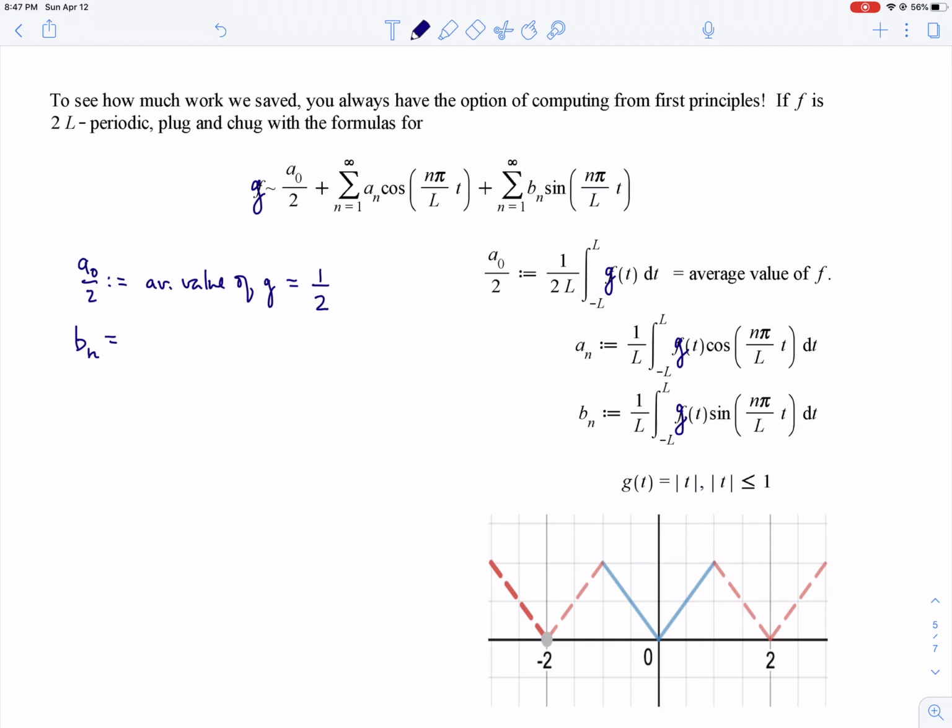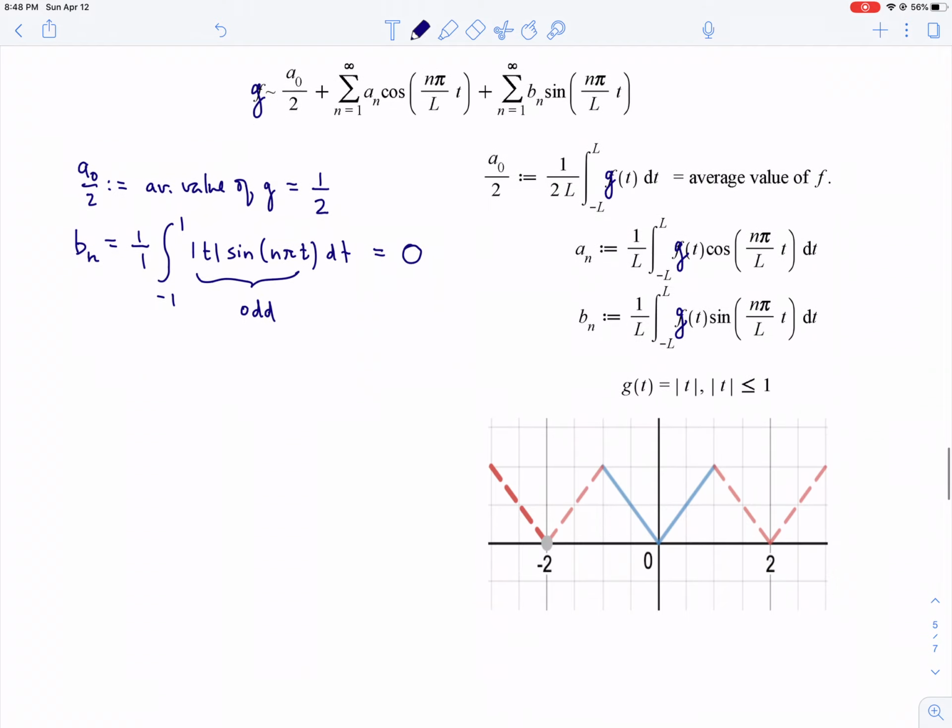So the bn's are 1 over 1, the integral from -1 to 1, absolute value of t sine n pi t dt. And we've got an even times an odd, which is an odd function, so the bn's are 0.